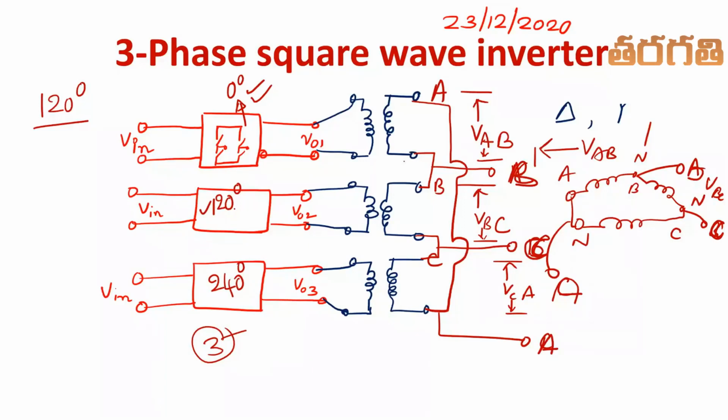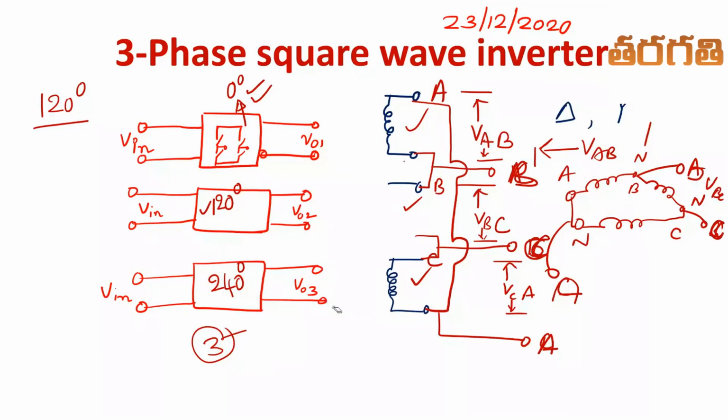As a result, it is possible for us to obtain three-phase voltages across the secondaries of the transformer. Suppose there is no transformer, no need to worry, because there is no transformer in the circuit.